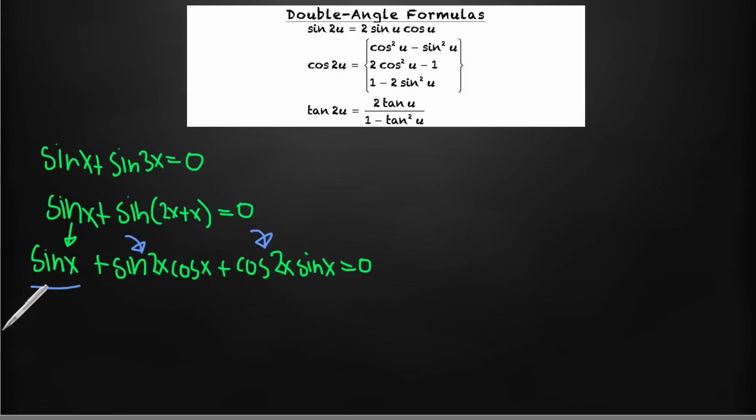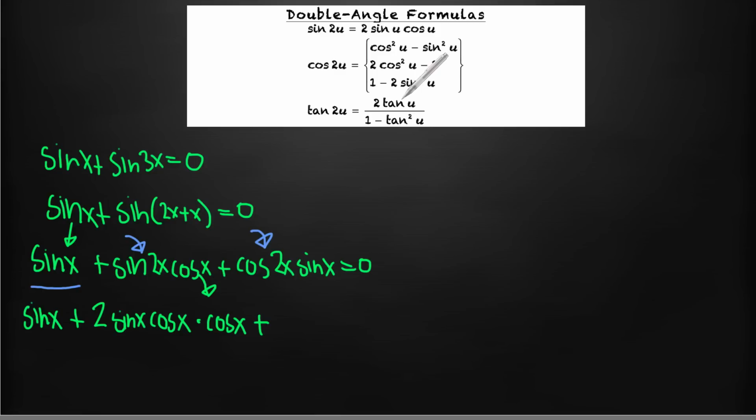So we'll just bring this down. So it's going to be sine of x plus sine of 2x. Well, that only has one formula. So we don't have different options as far as what we can plug in for sine of 2x. So that's just going to be 2 sine x cosine x. Now we got to bring down this cosine of x. So times cosine of x plus cosine of 2x.